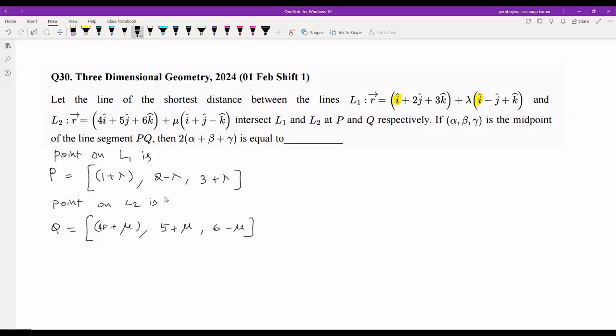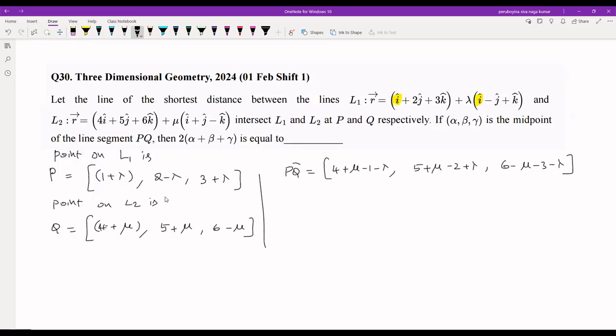And now we will generate PQ bar. PQ bar means OQ bar minus OP bar. So 4 plus mu minus 1 minus lambda. Next 5 plus mu minus 2 plus lambda. And 6 minus mu minus 3 minus lambda. These are the DRs of PQ.